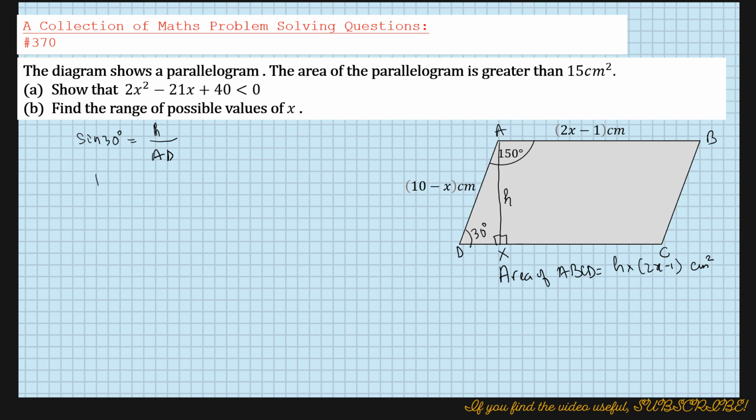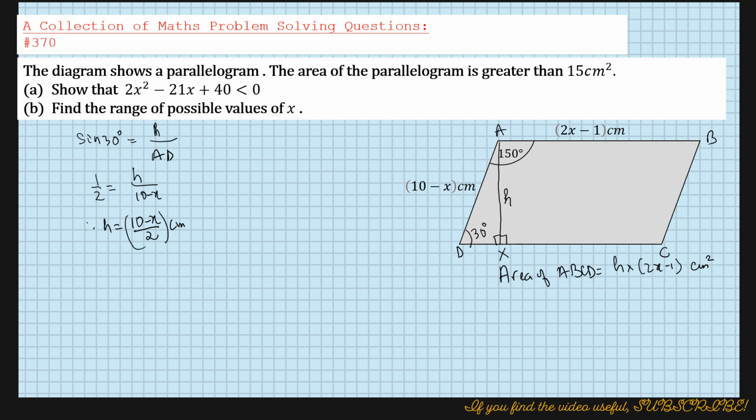Sine 30 we know is half, so we can write half equals H out of 10 minus x, and this would give us H equals 10 minus x out of 2 centimeters. So that's the height.